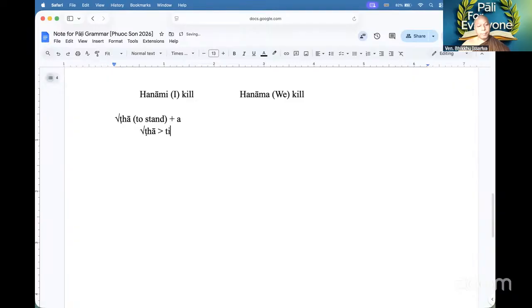At that time, the conjugation sign is added, so that is one change. And another change is root thā to thaha. At that time also the conjugation sign is used. But this change is commonly with a prefix.